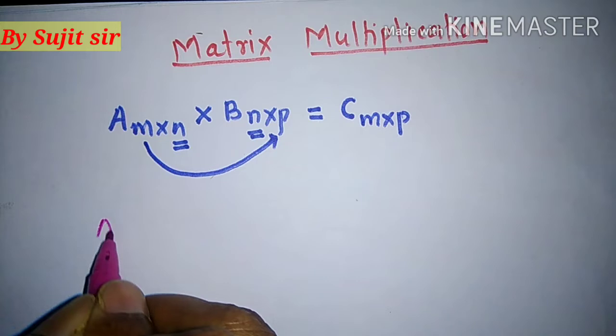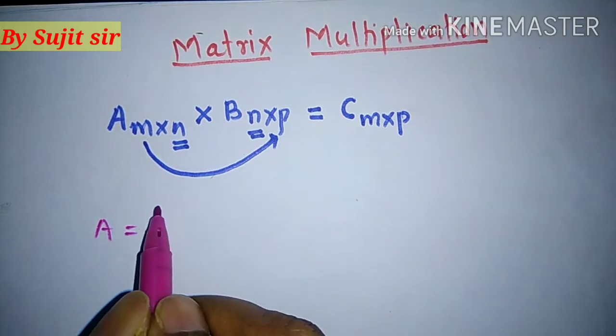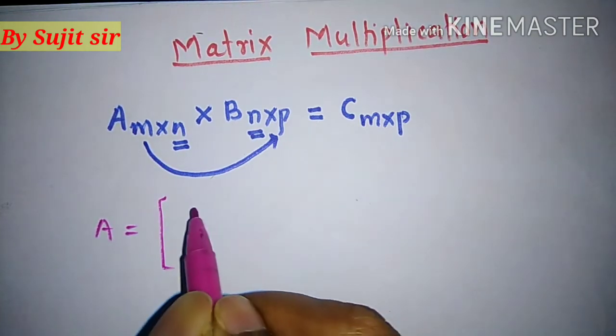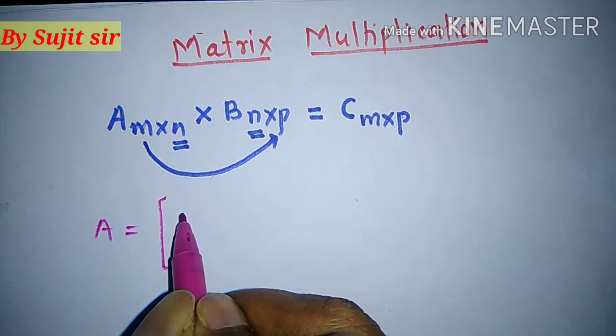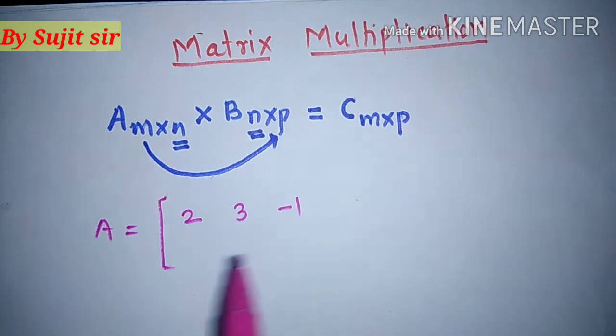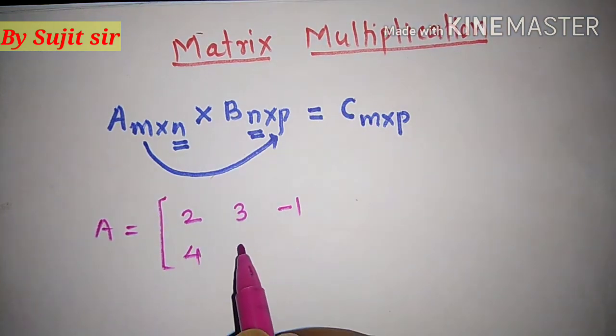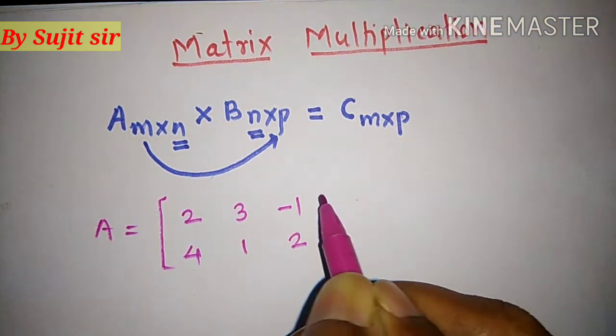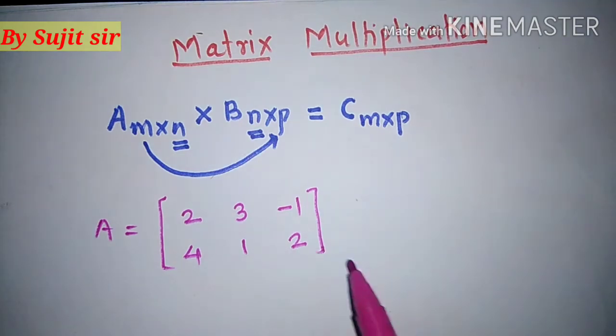Suppose A is a matrix of order 2 by 3. Let us consider 2, 3, minus 1, 4, 1, 2. So this is the matrix of order 2 by 3.